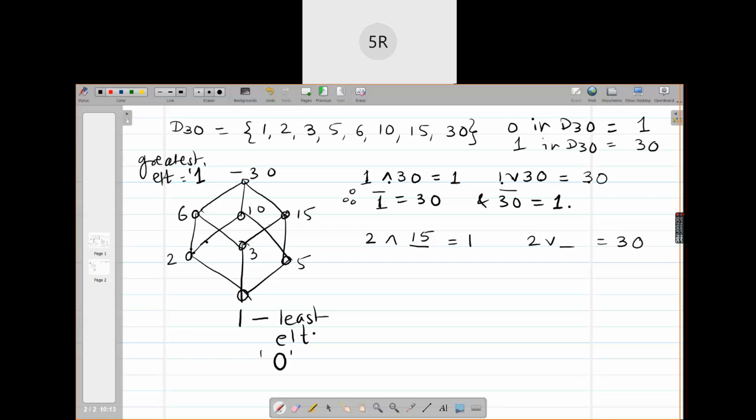They are not comparable elements. Actually 2 is not comparable with 3 also. 2 is not comparable with 5 also. But 2 meet 3 will be 1, 2 join 3 will be 6. 2 meet 5 will be 1 and 2 join 5 will be 10. But 2 meet 15 आ जाएगा 1 and 2 join 15 आ जाएगा 30. Are you getting it, girls?